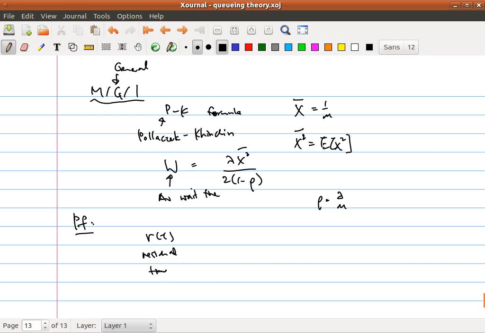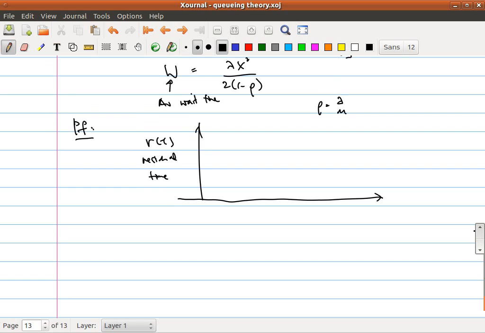Think of it like this: at any particular time, what is the remaining time for the packet currently being served to finish being served?